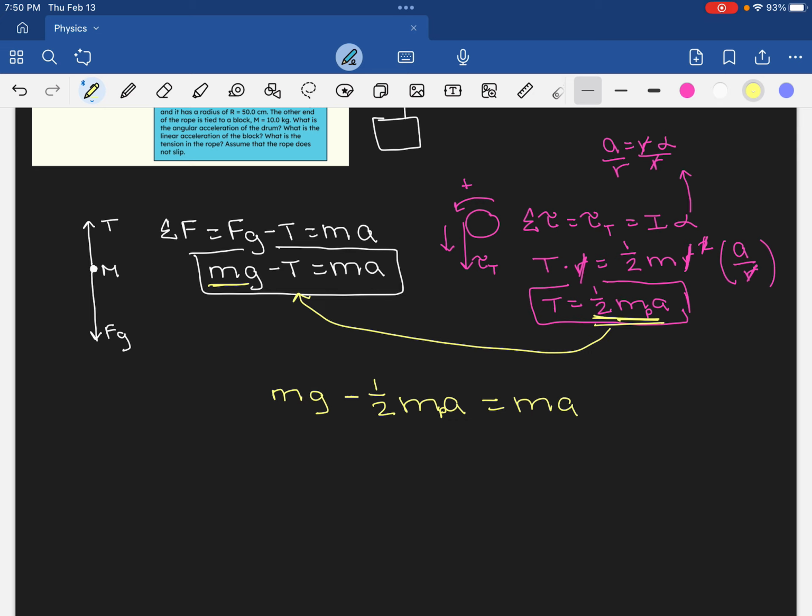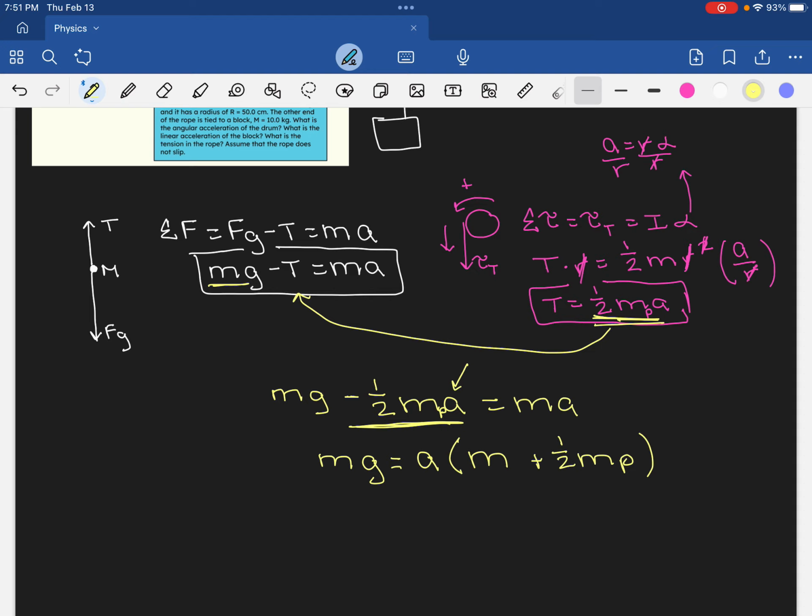Okay, now what we want to do is solve for acceleration. So that means we need to get this right here, which has acceleration in it, to the other side. So we're going to get mg. And at the same time of moving it over, I'm going to pull out my A, because the A is going to be in both expressions. And this is going to be plus 1/2 mp.